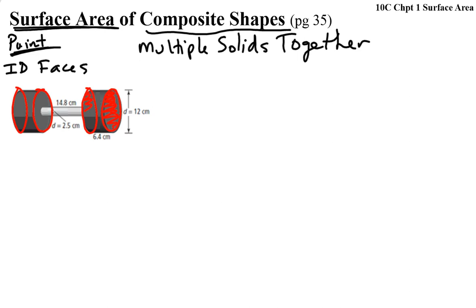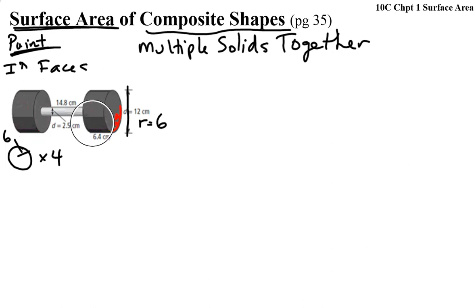It happens on the inside, just like that one, and it happens on the outside again. So there are 4 of those circles that need to be painted. So circle times 4, and we see the diameter is 12, which means the radius would be 6. So 4 circles, radius 6, need to be painted.